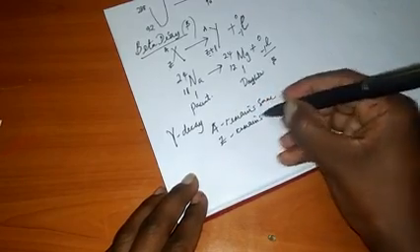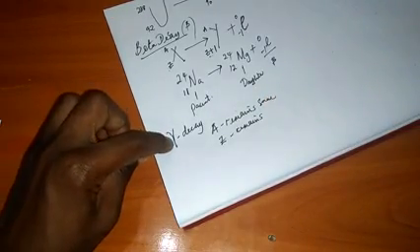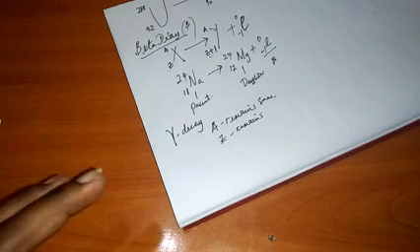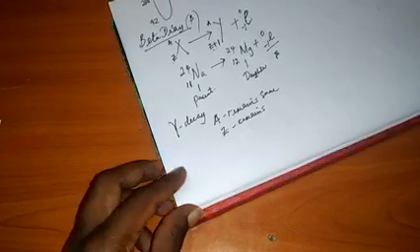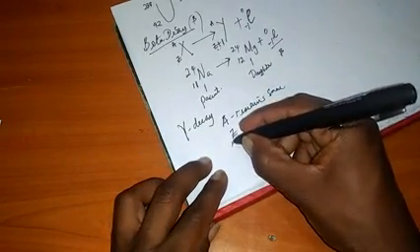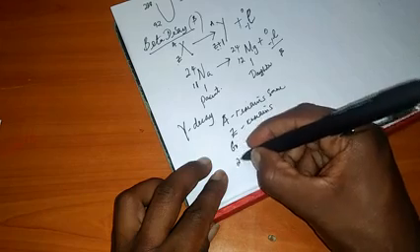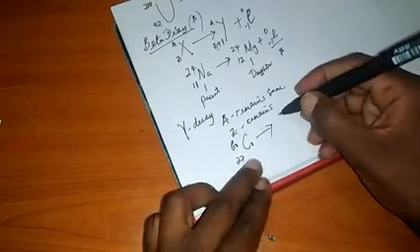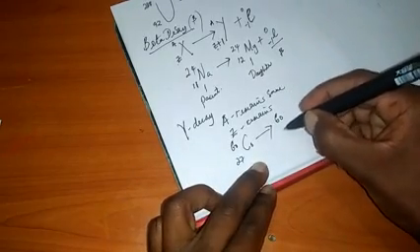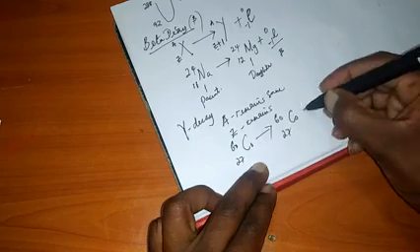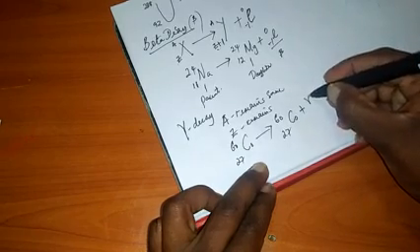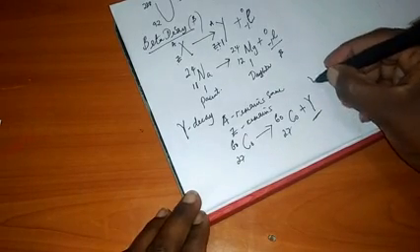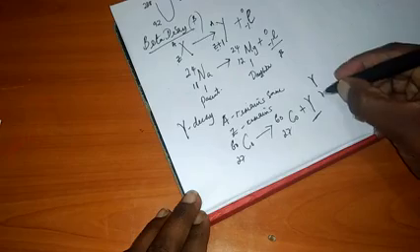Remember we said that gamma is simply an enormous amount of heat energy. So for instance, if I have cobalt 60, 27, and it decays, you get cobalt 60, 27 plus gamma. This is not Y, it is gamma. We just write it like this.